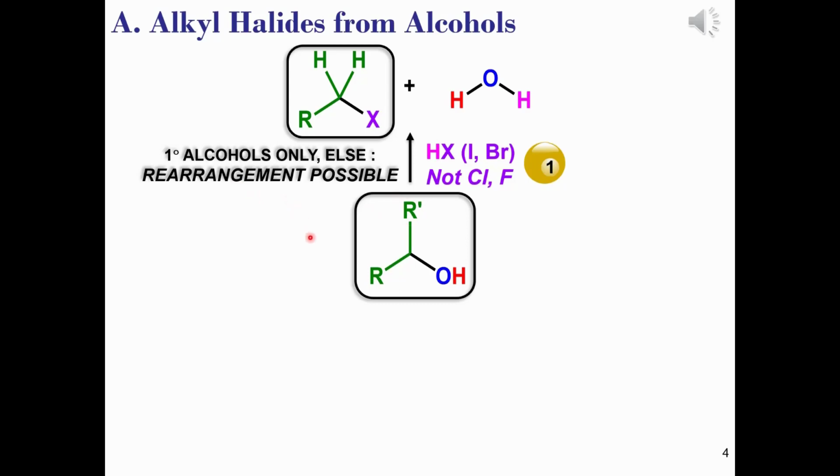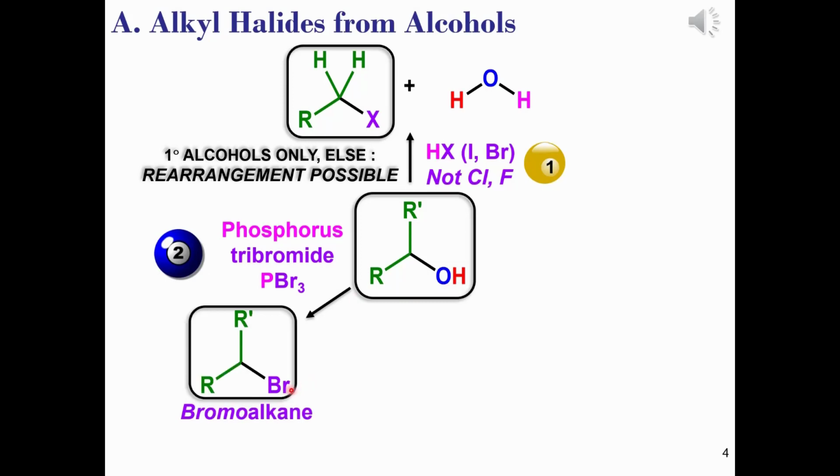The second route, that is marked by the blue pool ball, is for making an alkyl bromide or a bromoalkane. This involves the SN2 reaction of the primary or secondary alcohol with phosphorus tribromide, and this is great because there are no rearrangements.